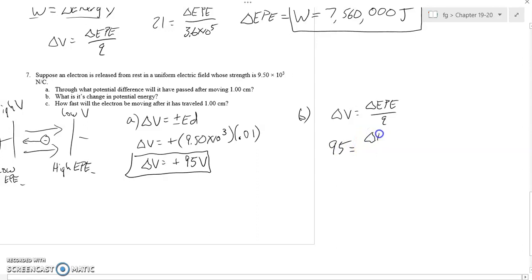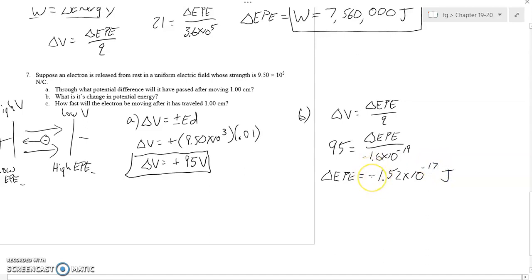Delta EPE is what we're looking for. And then Q, our charge, is an electron, so it's negative 1.6 times 10 to the negative 19 coulombs. So I solve for my change in electric potential energy. Mathematically, I get a negative. I'm going to go with that for right now. So 1.52 times 10 to the negative 17 joules.